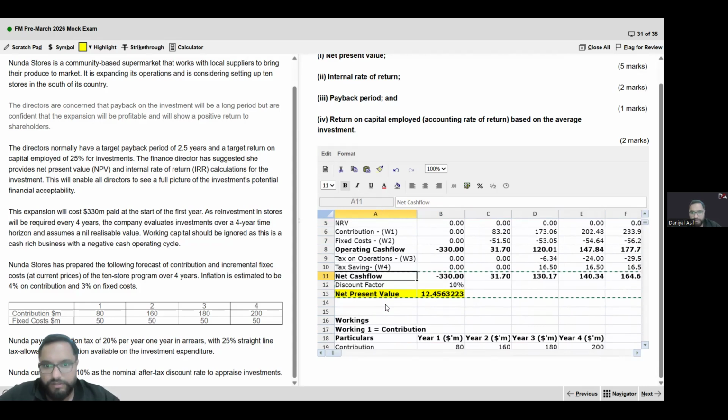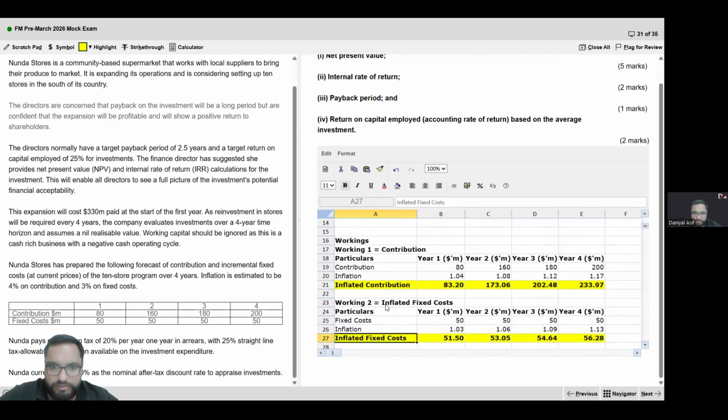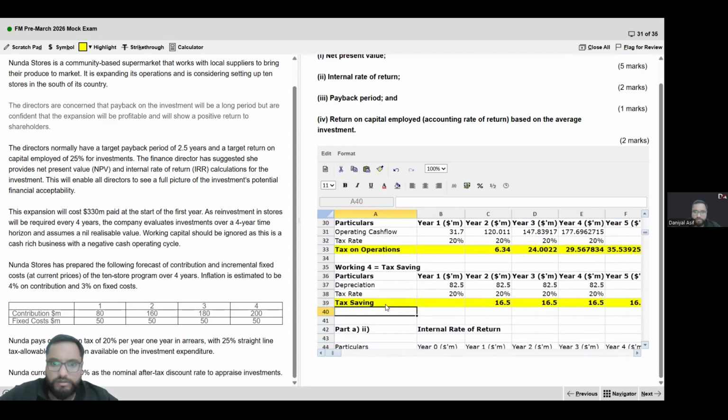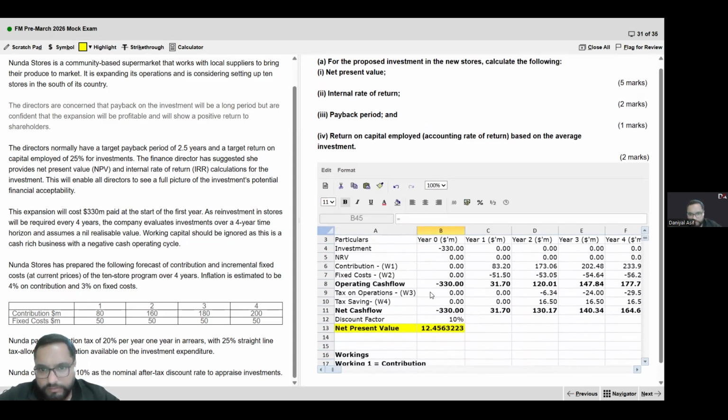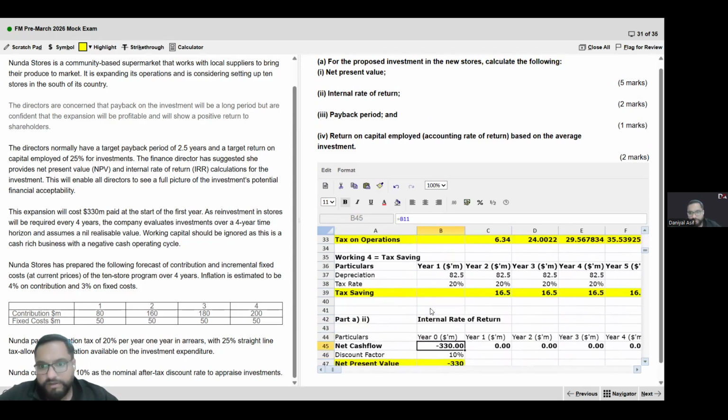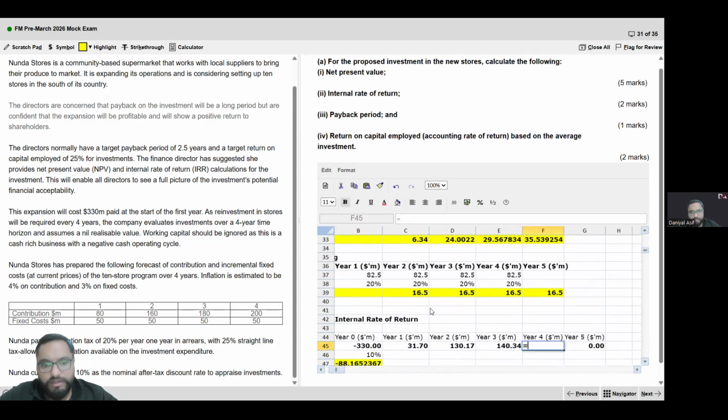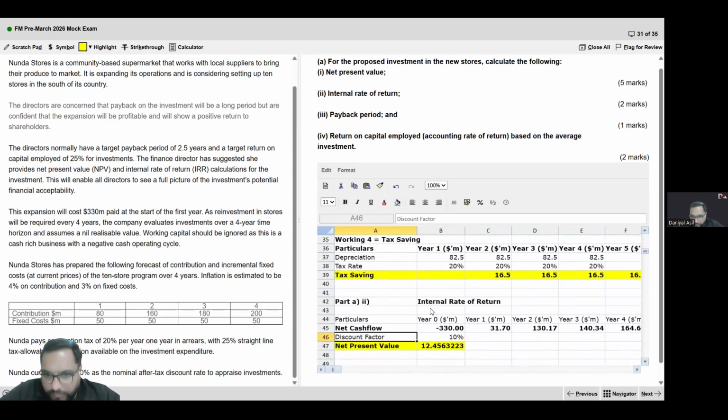So C and is equal to B11, C11, D11, discount factor of 25%.